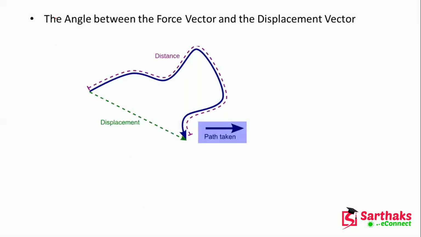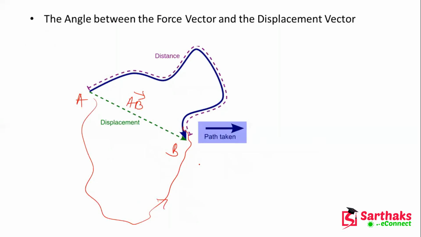Here the picture shows the displacement that I have drawn. Suppose this is point A and this is point B. The displacement vector is the AB vector, and the distance may be somewhere else.